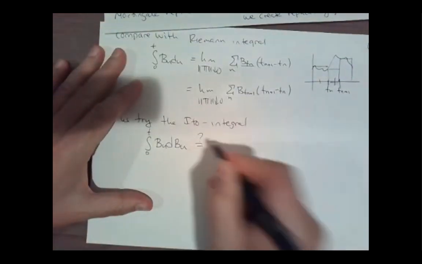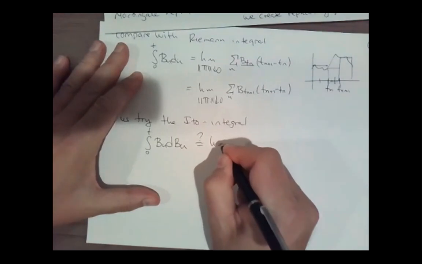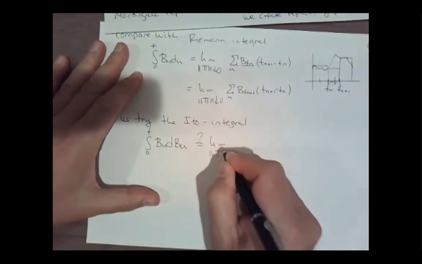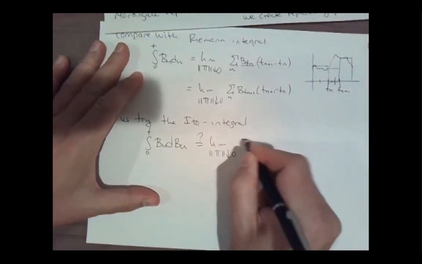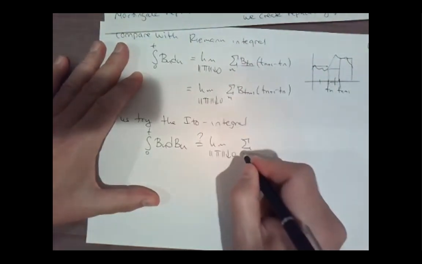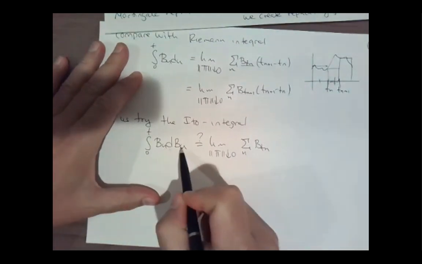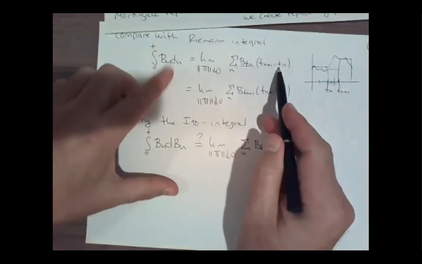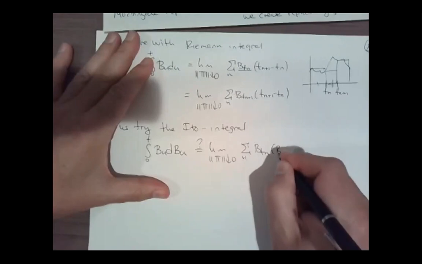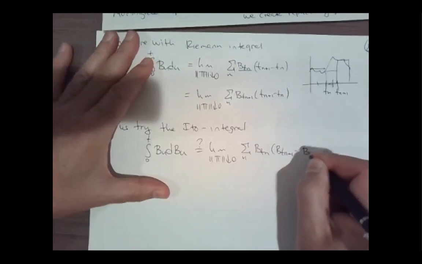So we could start by saying, well, maybe this should be equal to the limit as the mesh of pi goes to 0, and then copy paste the formula from up there. I'll take B_tn. But of course, now I have a dB_u here, whereas up here I just have a du. So I need to change this to B_tn+1 minus B_tn.